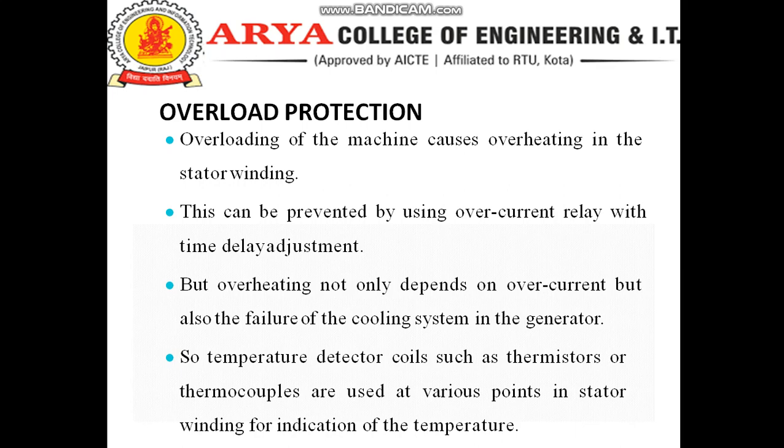That's why temperature detector coils such as thermistors or thermocouples are used at various points in the stator winding for the indication of temperature at the various locations in the windings.